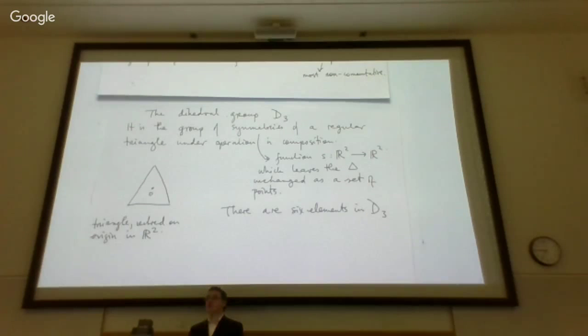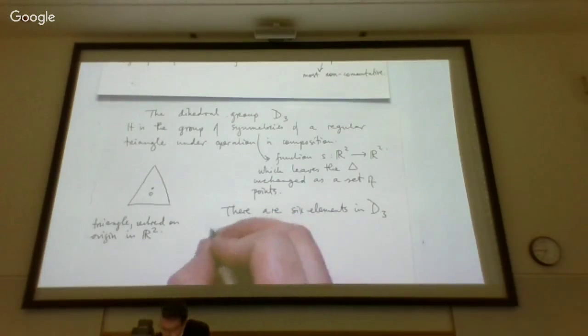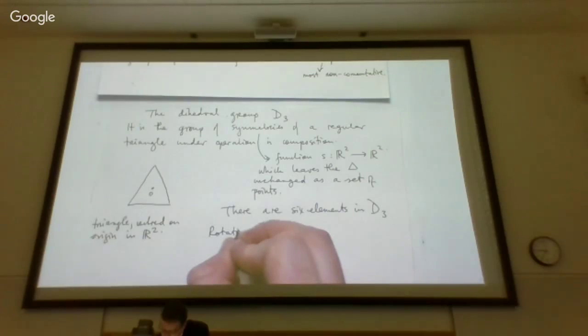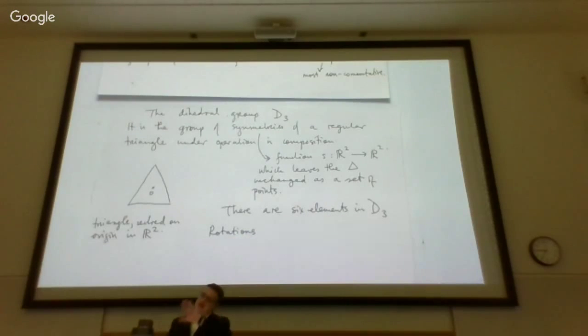What kind of things could you do to the triangle? Or do to the whole plane, which leave the triangle unchanged? It's a regular triangle. What does that mean? Flip it. Rotate it. That's the word, yeah. So there are rotations. Well, flip is the other kind of one. Flip suggests a mirroring reflection, which is the other kind of thing, which we'll come to in a moment.